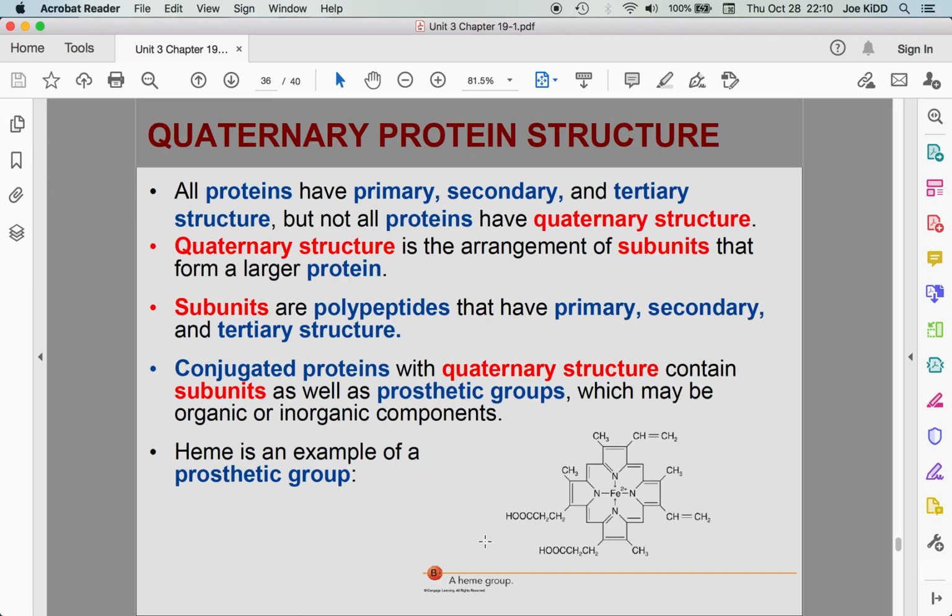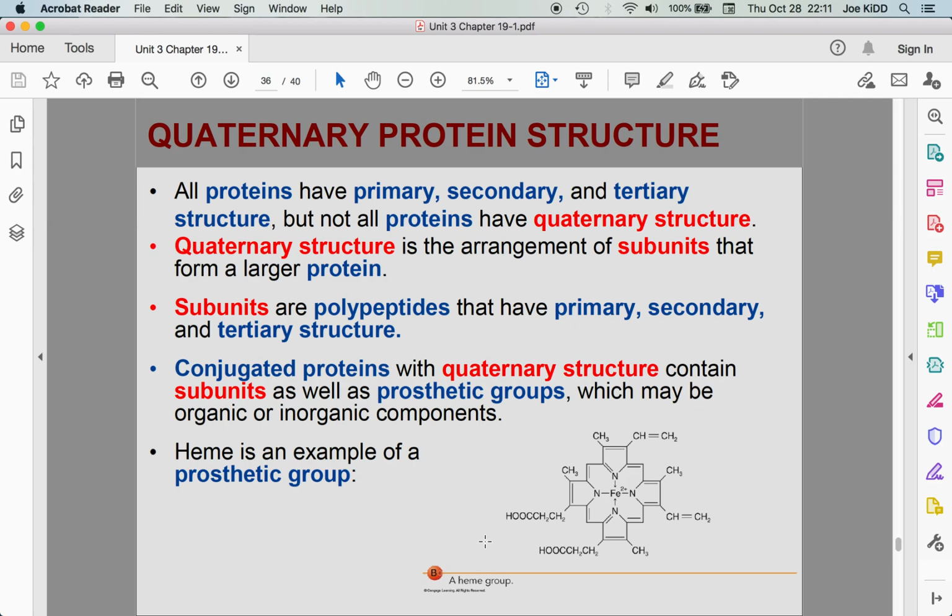So we've talked about primary, secondary, and tertiary structure, and all proteins have that. All proteins have a primary, a secondary, and a tertiary structure. However, not every protein will have what we call a quaternary structure. And a quaternary structure is just repeating patterns of a subunit to form a bigger protein.